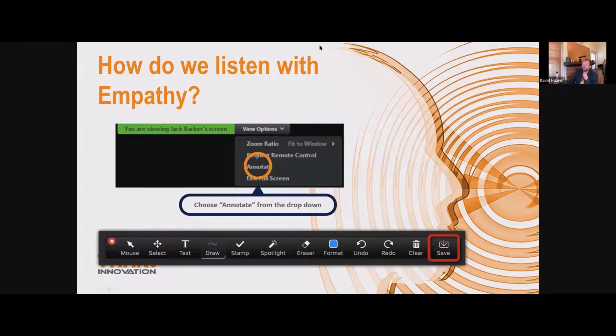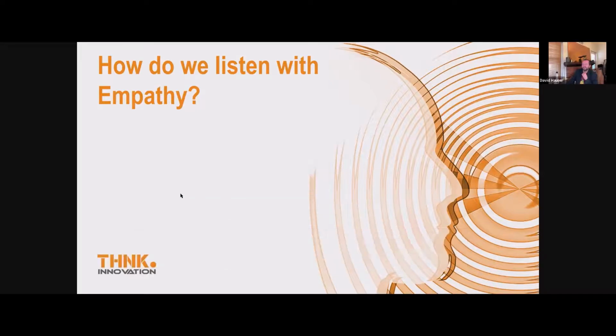So please feel free to go to the drop-down menu on the top of your screen, choose the annotate feature, and then you can press the text button here, and you can start typing in here and writing there. Let me do a test if it's working. It is.